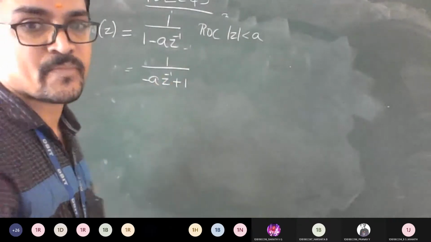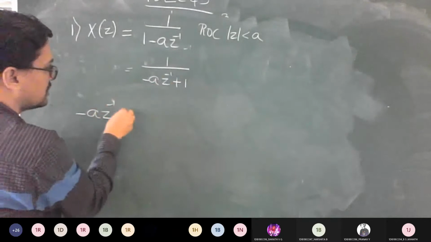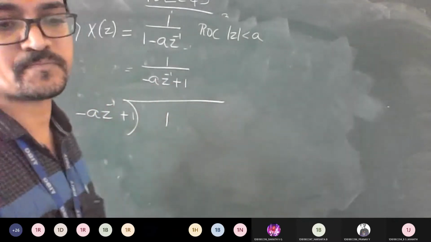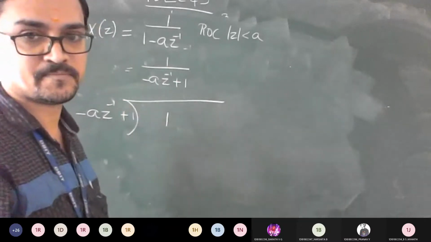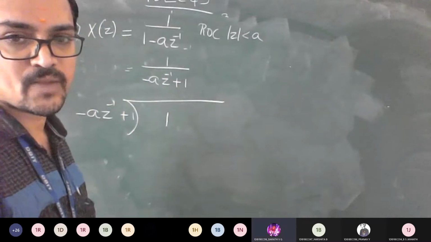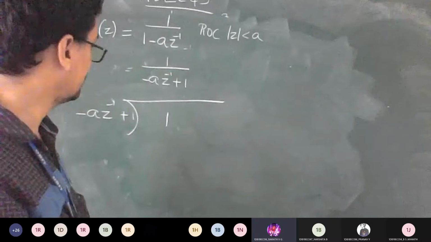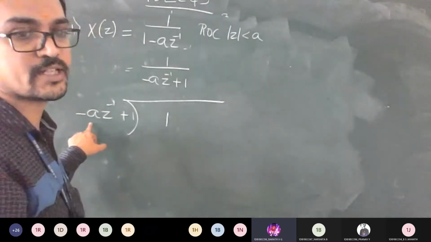Now division will happen like what? Minus a z raised to minus 1 plus 1 divided by 1. Now tell me what value I should multiply here. 1 by a into z inverse? No, you just look at this.